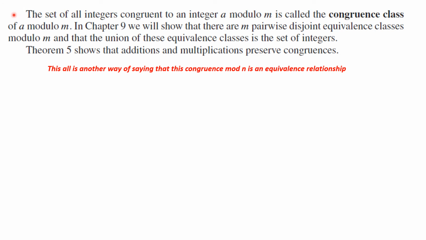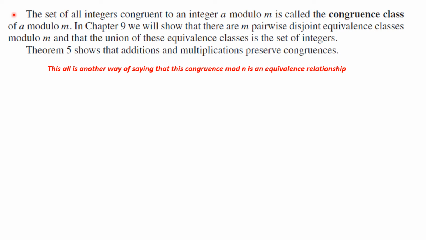And looking back on what we studied before when we were talking about functions and relations, the set of all integers congruent to an integer a mod m is called a congruence class or equivalence class of a mod m. Now we haven't really proven this is an equivalence class, but certainly it is, because a is congruent to a mod m. If a is congruent to b mod m, then b is congruent to a mod m.